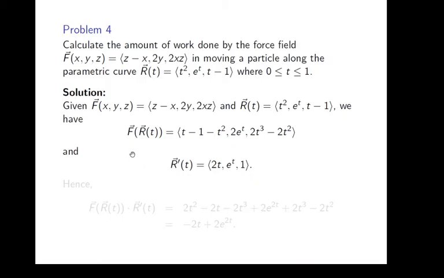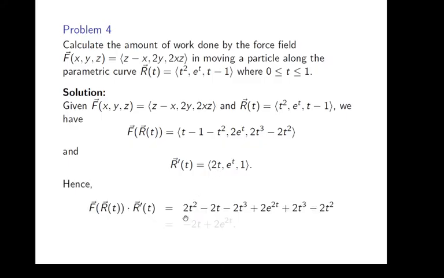Now we get the dot product between F of r of t and r prime of t. So we need to multiply the coordinates of F of r of t and r prime of t component-wise and then add the products. So we have t minus 1 minus t squared times 2t.